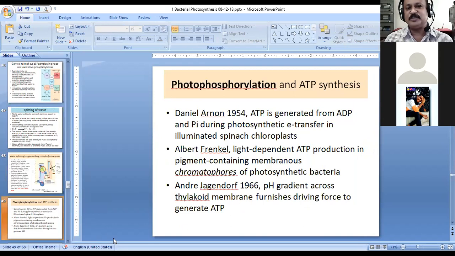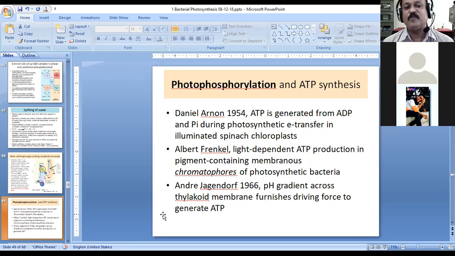Then comes the question of whether ATP synthesis and photophosphorylation, or photosynthesis, are they related to each other? I have been telling you that they are related. But this particular information came from the work of many scientists who tried to identify whether ATP synthesis and photosynthesis are related to each other.